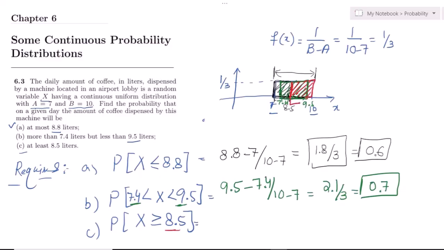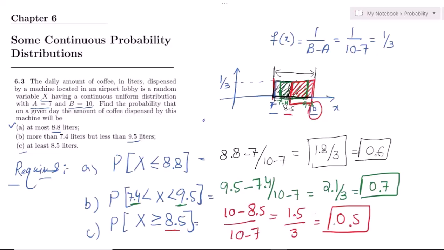So we have to find out the probability of this area as compared with this overall area, which is given here in this blue. So it would be 10 minus 8.5, which is the higher value, minus this lower value, divided by 10 minus 7. So it would be 1.5 divided by 3, so it would be 0.5, and that is basically the solution of part C of my question.